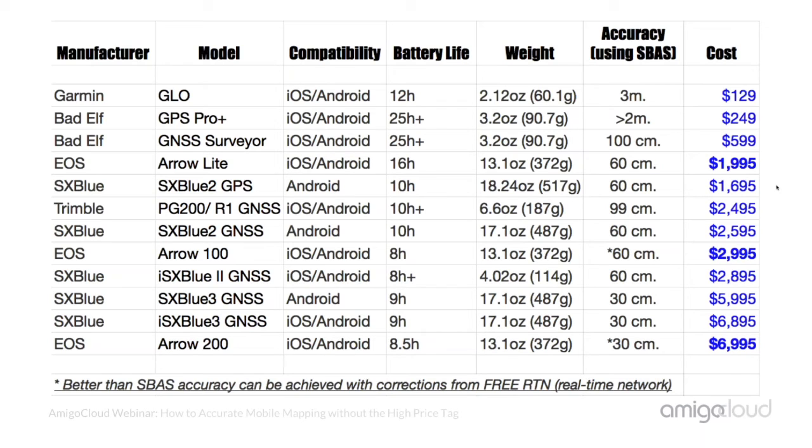So if you're trying to use something that gives you between 3 to 4 meters, you can always go to Amazon and buy a Garmin Glo, pair it with that other Android tablet that we talked about. The Garmin Glo is a $129 GNSS receiver.